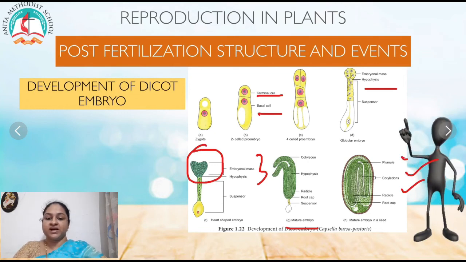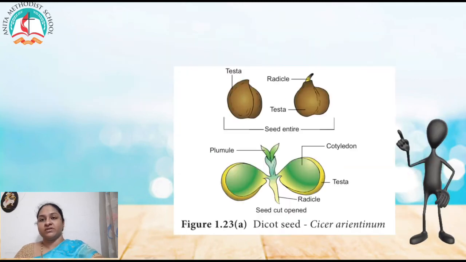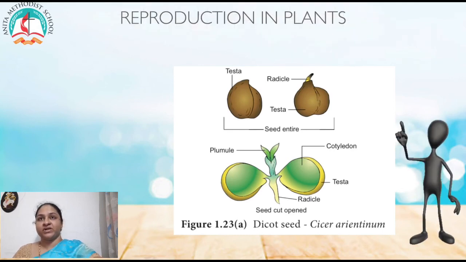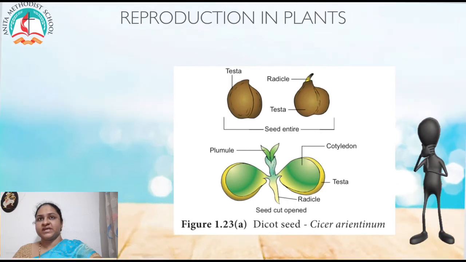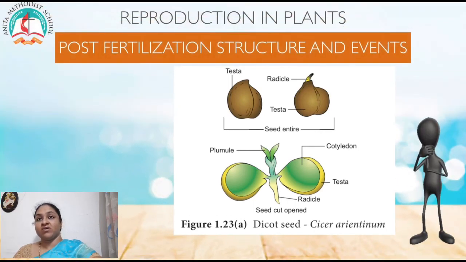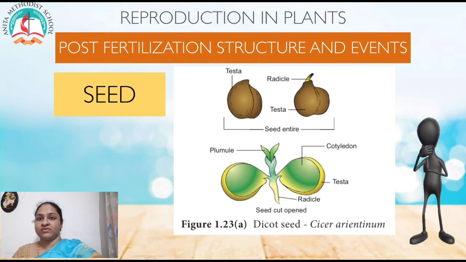Then about the seed. The fertilized ovule is called the seed, and it possesses an embryo, endosperm and a protective coat. Seeds may be endospermous, okay, and non-endospermous, as in beans and mango, right? The mature seeds are attached to the fruit wall by a stalk called the funiculus.